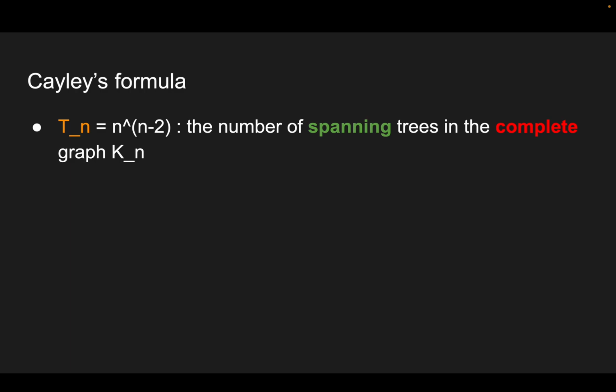So Cayley's formula, which we will prove in the future, says that the number of spanning trees in a complete graph Kn is n raised to the power of n minus 2.